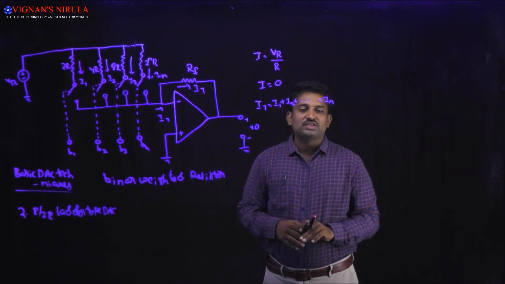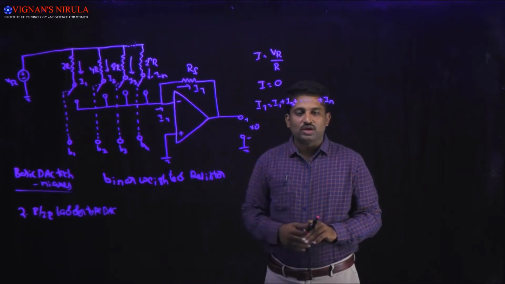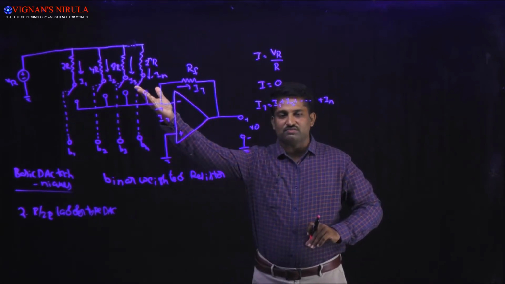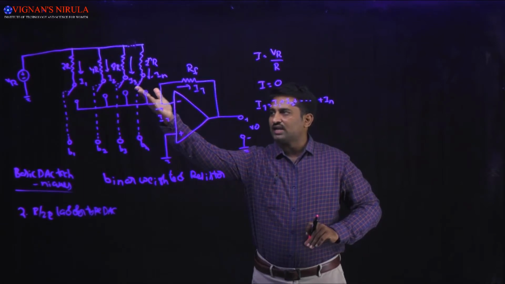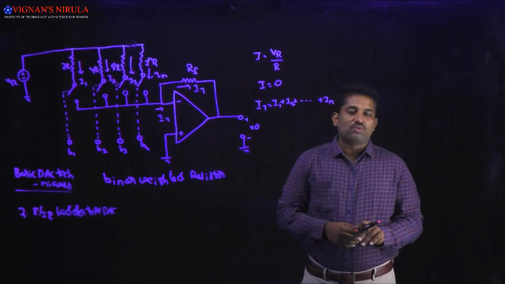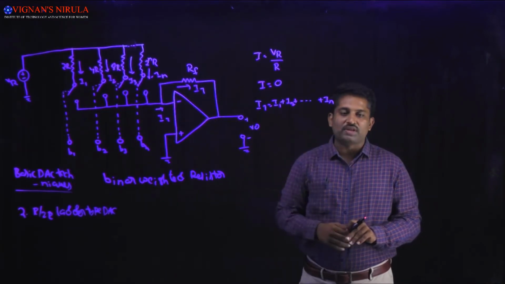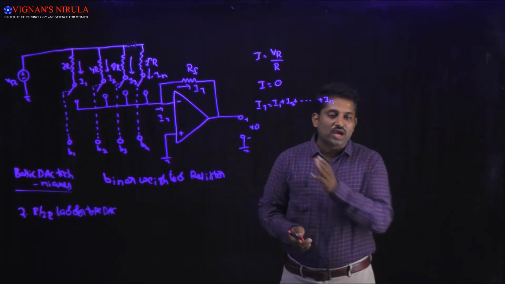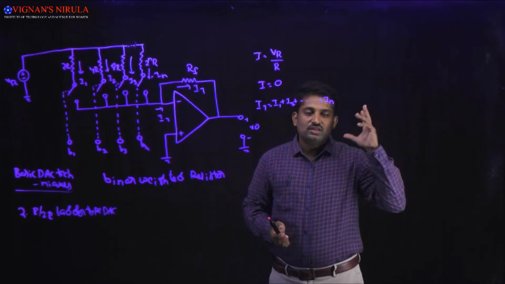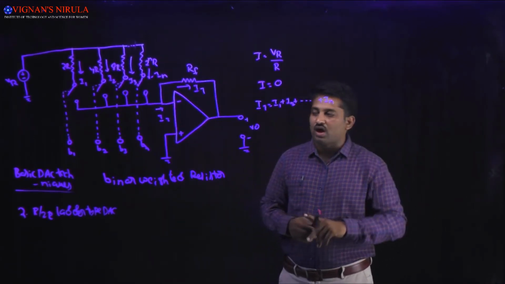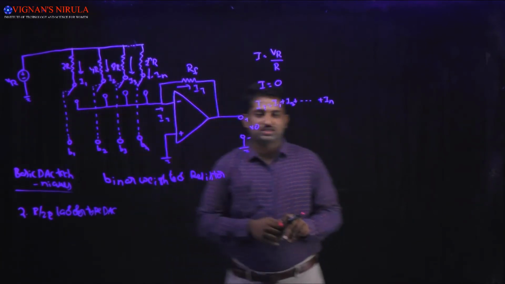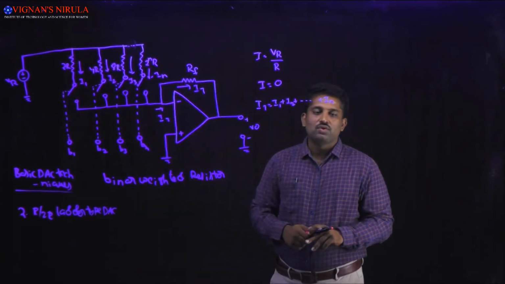and we are using scaling resistors. For the first one the resistance value is 2R, the second one is 4R, and so on up to the last one, which is 2 power n into R. That means we are using scaling resistors in this case, and the reference voltage is the same for all the resistors, which is nothing but VR.